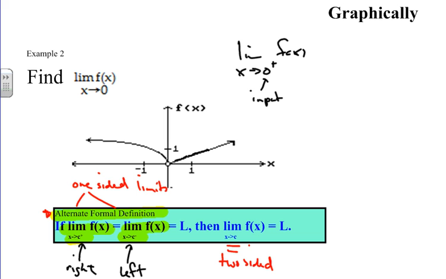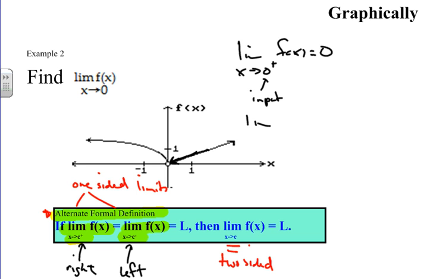We're looking at what our output, our dependent variable, is approaching. And it appears to be approaching 0. Now, it's not actually 0, but it looks like it's going to 0.